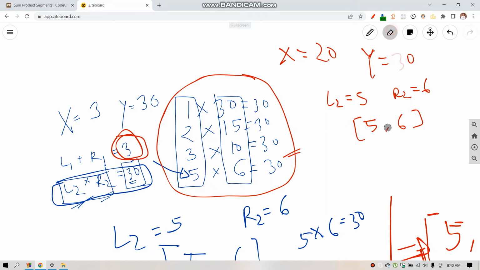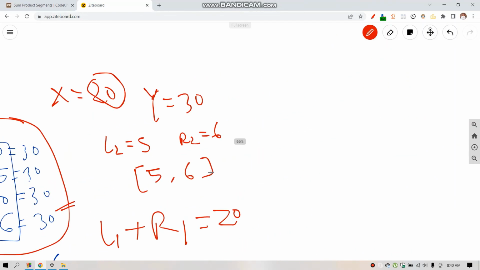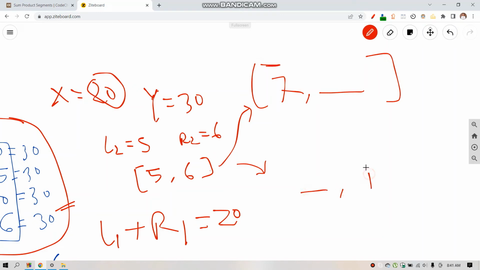Now we have to find L1 and R1. So here we have to make L1 plus R1 equal to 20, right? And the options we have are 7 comma anything, and anything comma 4.